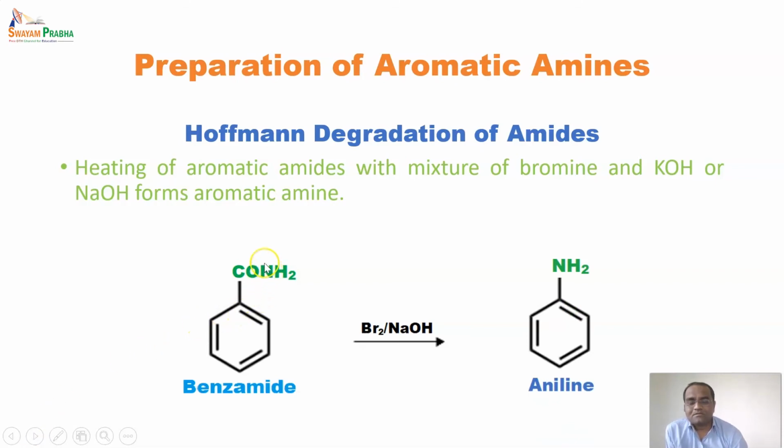Now from this, it can be seen that the Hoffman degradation is a kind of degradation. Why is it said to be a degradation and not a reduction? Because in the Hoffman degradation, one carbon is lost in the end product, and that is why it is called a degradation. The amide is degraded to an amine having one carbon less.